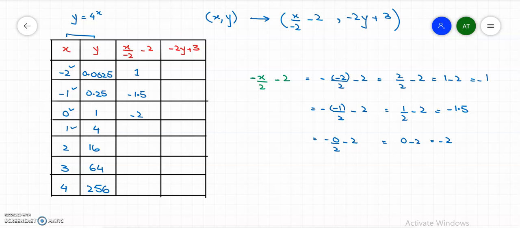The next x value is 1, so let's substitute negative 1 by 2 and then minus 2. In decimal, that equals negative 2.5. When x value is 2, I have negative 2 divided by 2, minus 2, so that is negative 1 minus 2, that equals negative 3. Okay, the next x value is 3.